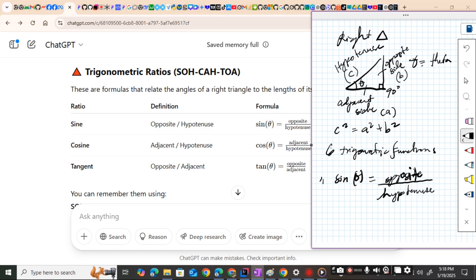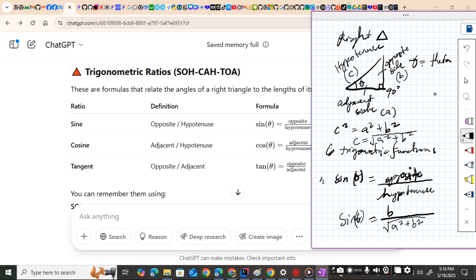Now, as I've said, the opposite side we designate as B. Then the hypotenuse, by the Pythagorean theorem, if we take the square root of both sides, C has to be the square root of A squared plus B squared. So that's how we define our sine.